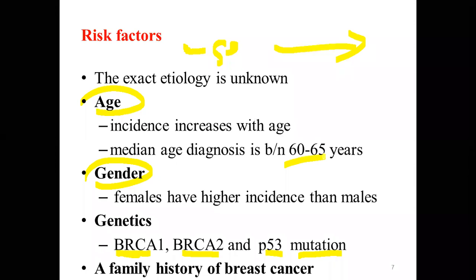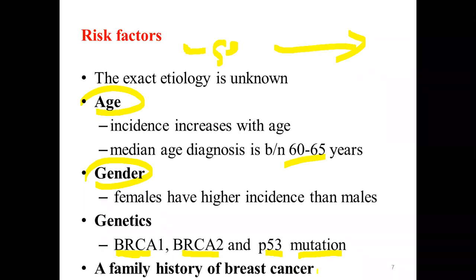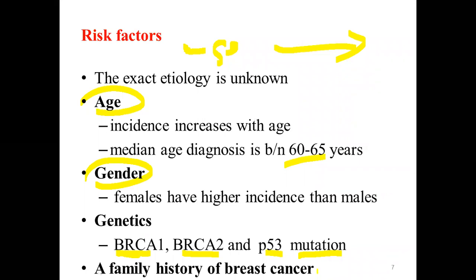Then, most importantly, family history of breast cancer is very high risk. If someone has a first degree relative, meaning nuclear family like brother, sister, mother, father, with breast cancer, the chance of breast cancer is very high.